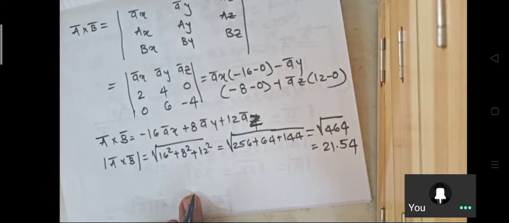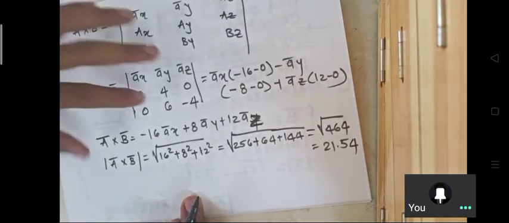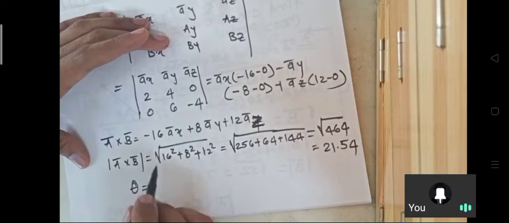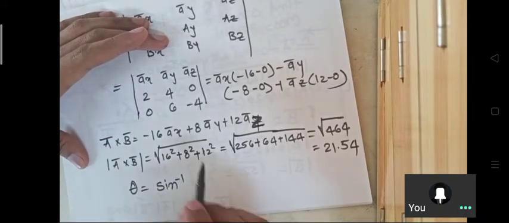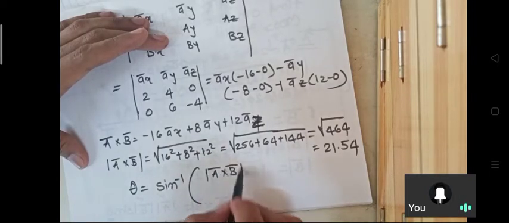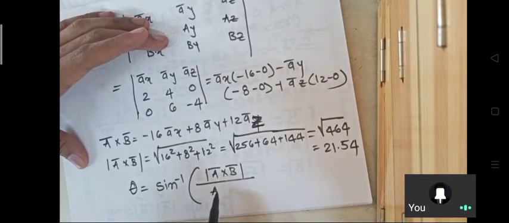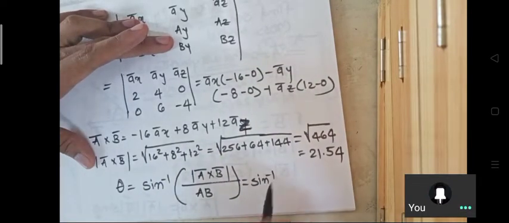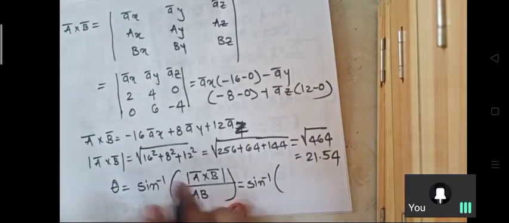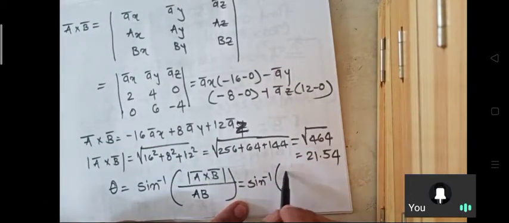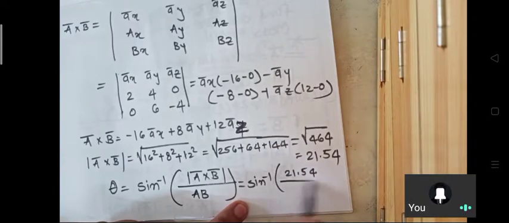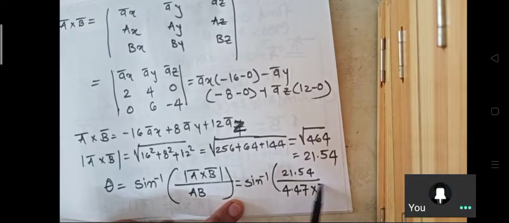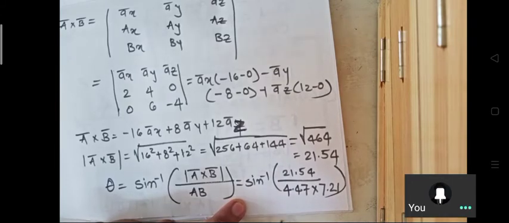So I can write here theta is equal to sine inverse of bracket mod of a bar cross b bar divided by ab, is equal to sine inverse of 21.54 divided by 4.47 into 7.21, right?